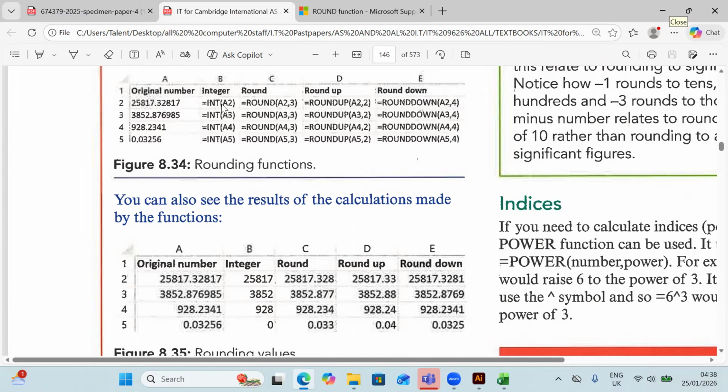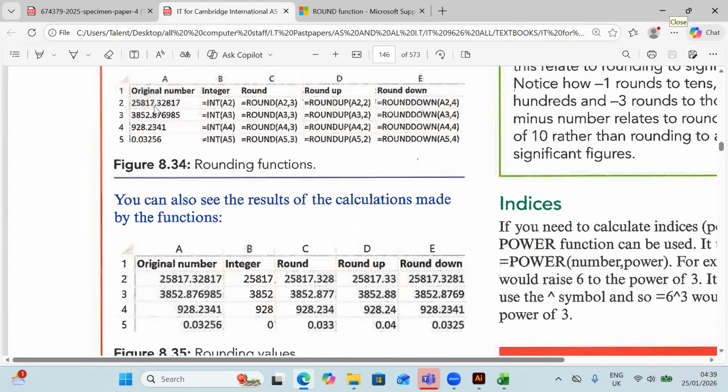In our B2, we are requested to put the integer, so we say equals int, because integer means whole number. We want to extract the whole number of this, ignoring the comma and the values that come after it. So our expected answer should be 25817, and we end there.